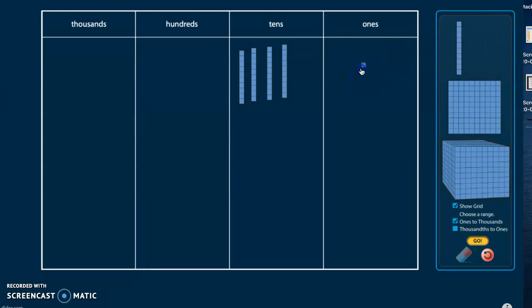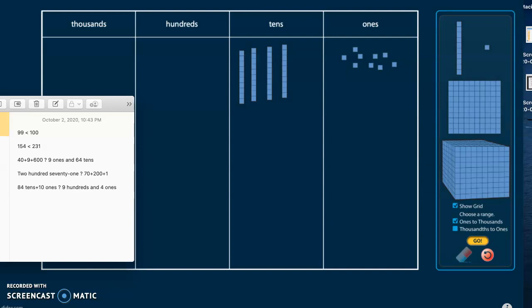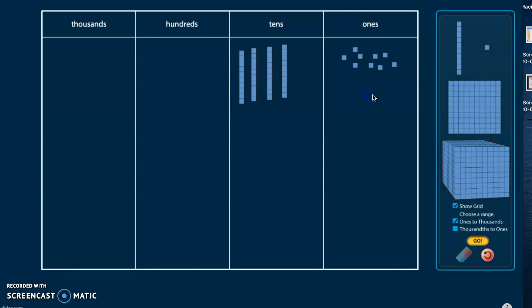So then 1, 2, 3, 4, 5, 6, 7, 8, 9. And then we need 600s. So 6 of these big blocks.